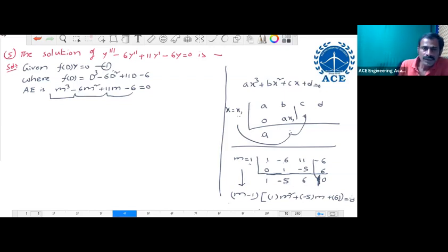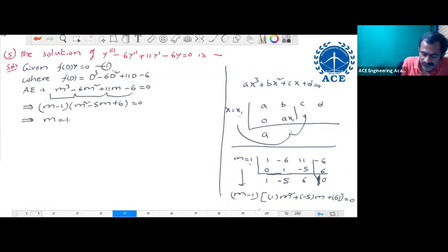Now this is the quadratic equation into linear equation. It is a method of reducing the cubic equation to a quadratic equation by using the synthetic division method. Which implies m minus 1 into m square minus 5m plus 6 equal to 0.